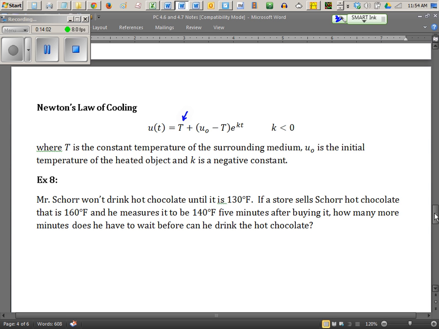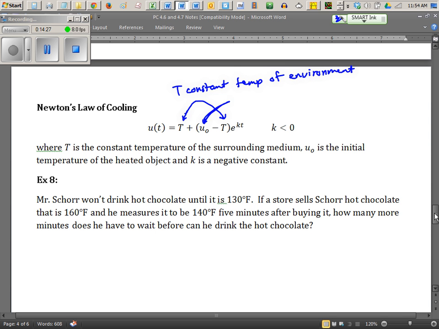This is the temperature of the surrounding environment. This is the starting temperature. So T here, I'll just label it. T is the constant temperature. It says below there too. The constant temperature of the environment, or you could say the surrounding medium.